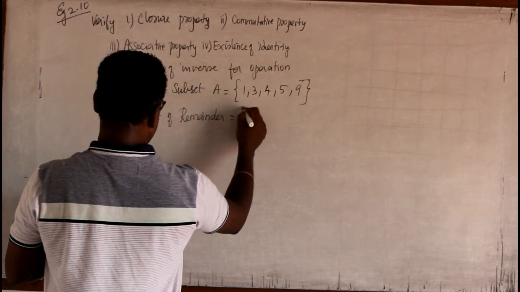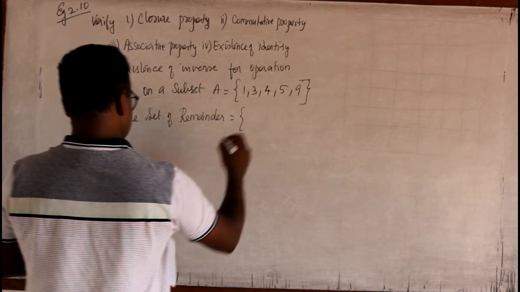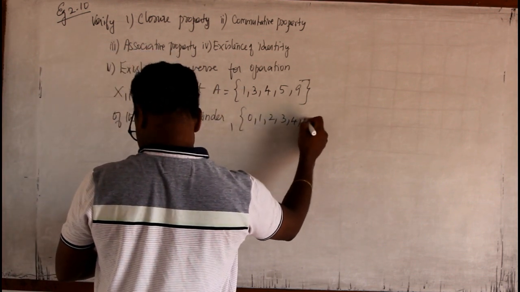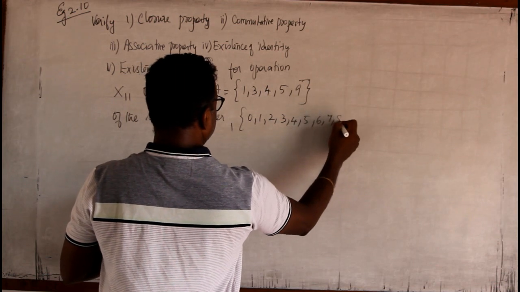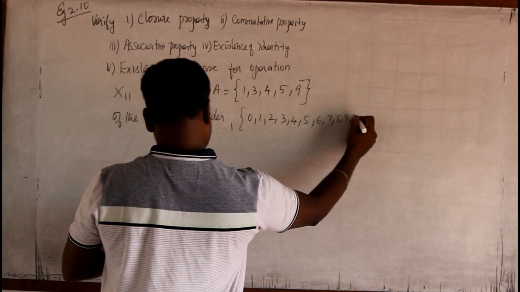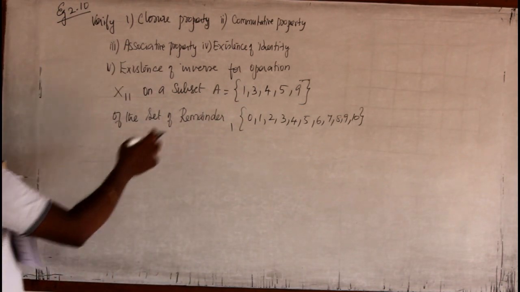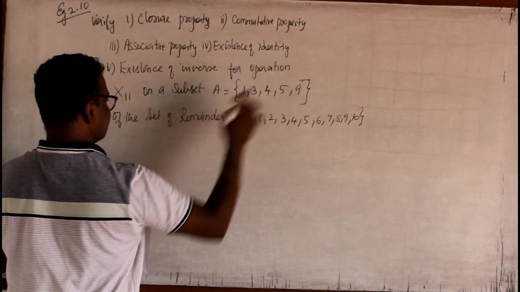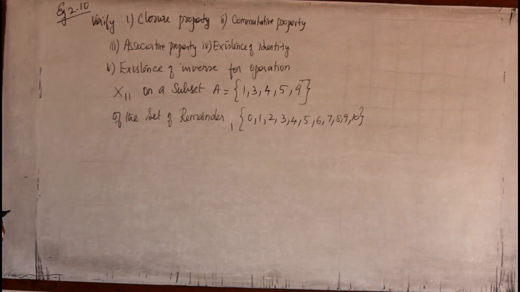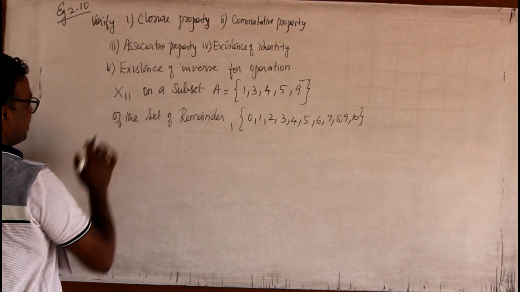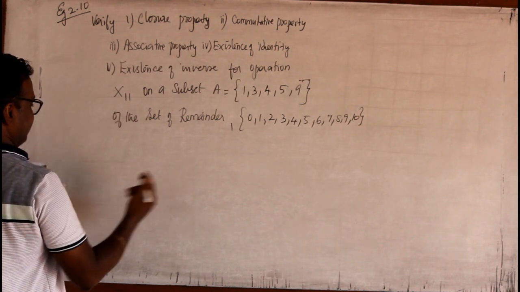What is that set? Remainders 0, 1, 2, 3, 4, 5, 6, 7, 8, 9, 10, because these are the remainders when numbers are divided by 11. So they picked only these numbers and they are asking us to check whether these numbers obey all these properties under multiplication modulo 11.